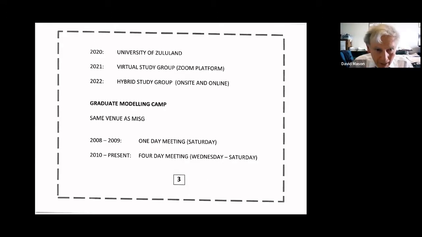And from then until about 2020, 1 year Cape Town, 1 year AIMS, 1 year WITS. Then in 2020, we held the first study group at the University of Zululand. And I think going forward, we'll move between the 3 universities, between AIMS, University of Zululand, and WITS.